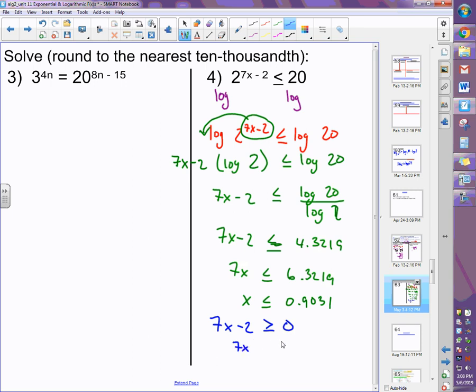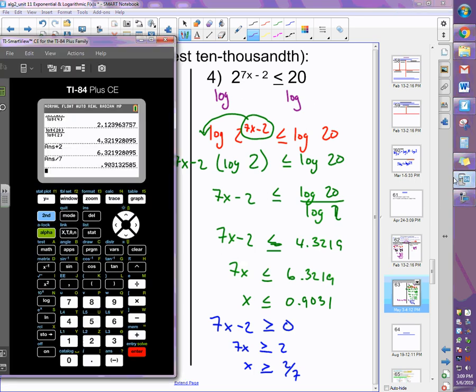So I would have 7x greater than or equal to 2, and then divide by 7. So x is greater than or equal to 2 over 7. I know that looks crazy, but the correct answer to this question would be 2 over 7 less than or equal to x less than or equal to 0.9031. And let me make sure 2 over 7 is less than that. Yeah, just to be sure.